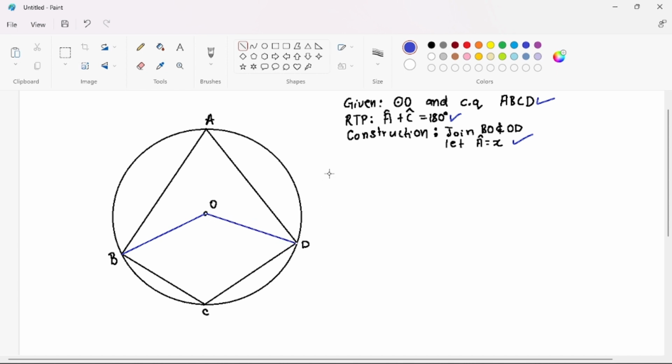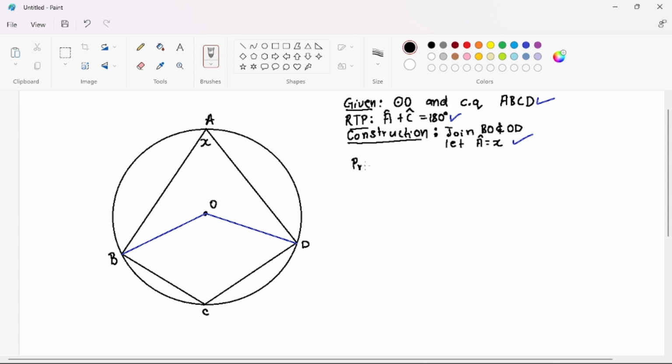And then we are going to say let angle A equal X, so we are going to have X here, guys.